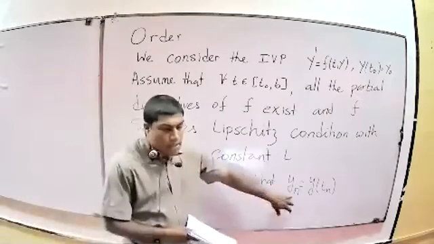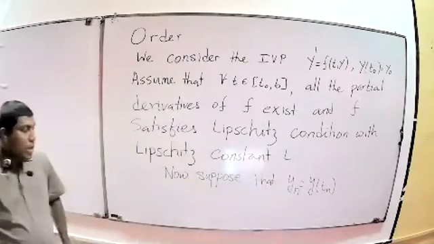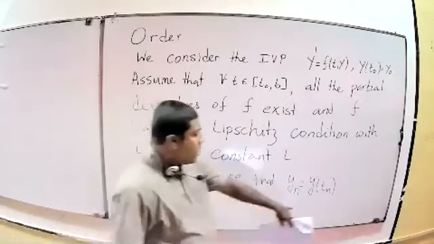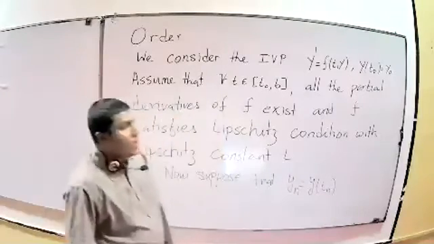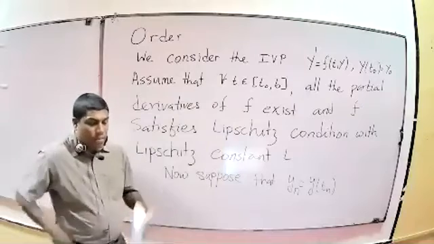You know y n is the computed value, which should be an approximation, and y of t n is the real value. So in this computation, let us assume that both of them are the same.